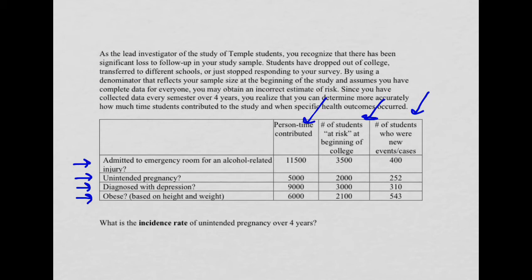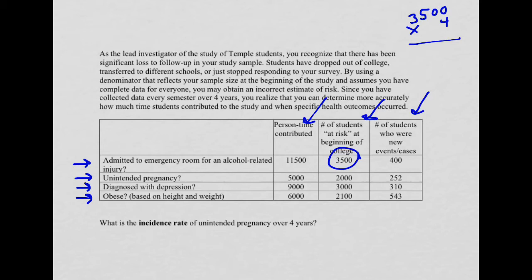This is actually person years, and it says how many years of observation each of these students contributed to the study. The maximum, for someone who never got sick and never dropped out, is that each person would contribute 4 person years.